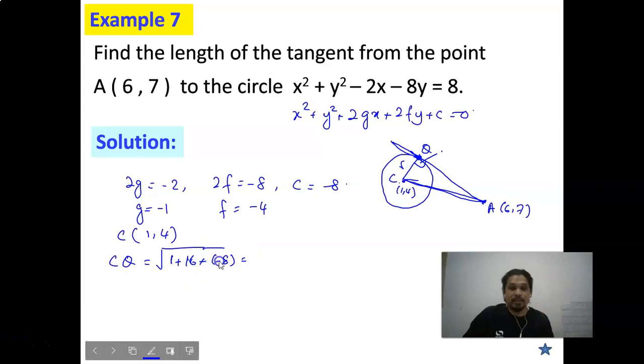Negative times negative becomes positive. So 16 plus 8 is 24, plus 1, 25. Square root of 25 is 5.